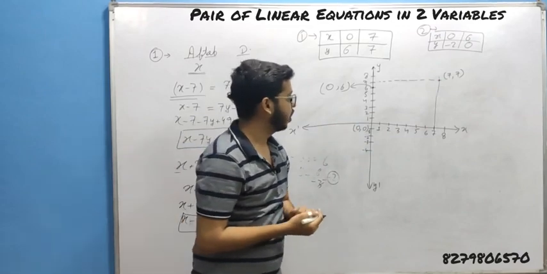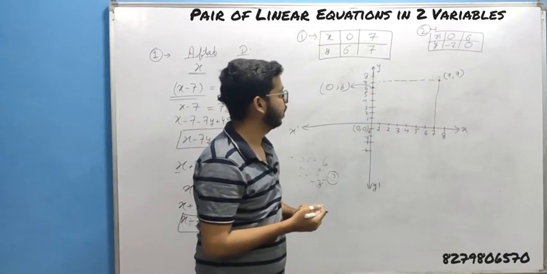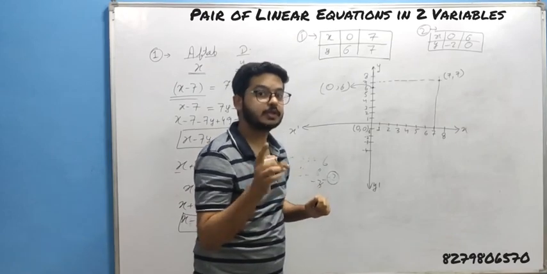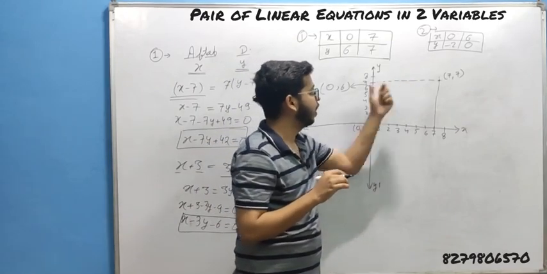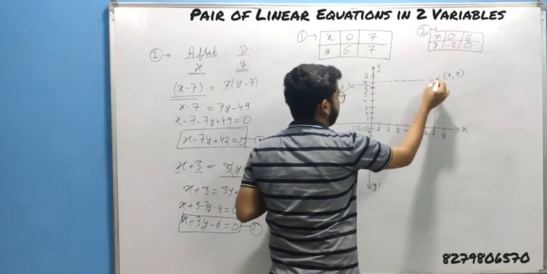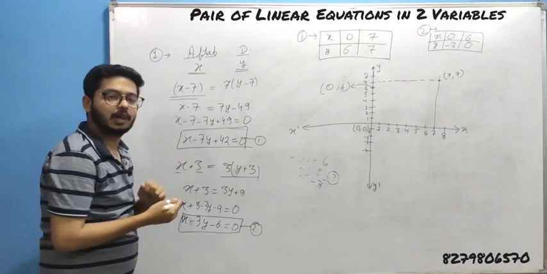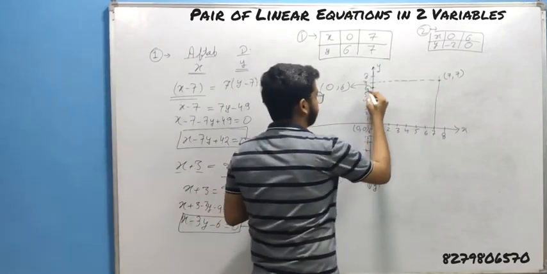Okay, so now let's come to our second equation. Before this we draw our line. What will be our line? If we join these 2 points, we get our first line.